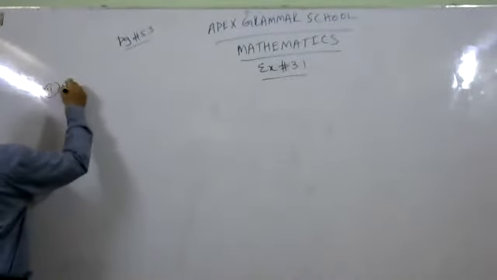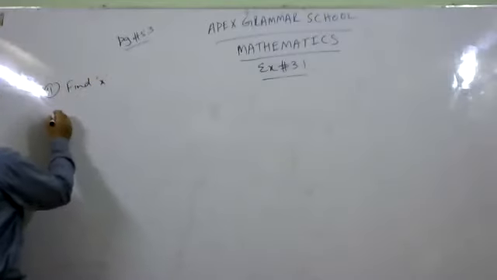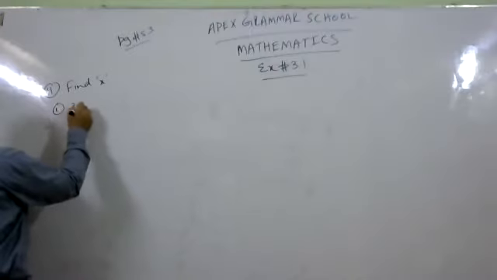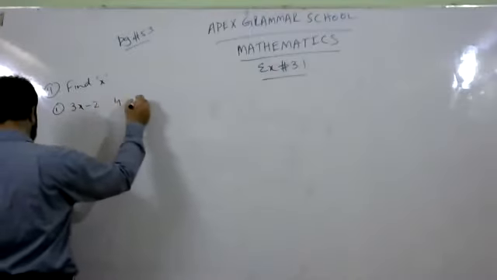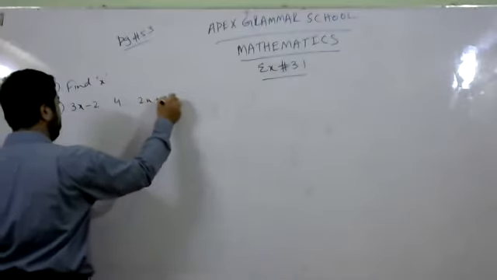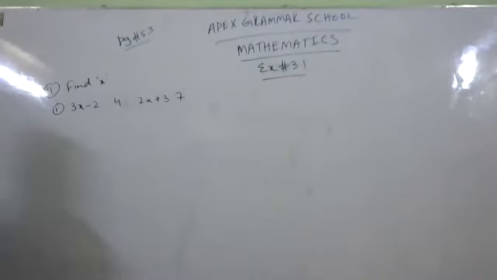Find x. So the first part is 3x minus 2 ratio 4 proportion 2x plus 3 ratio 7. We need to find the value of x here, but you can see that the question is relevant to proportions.